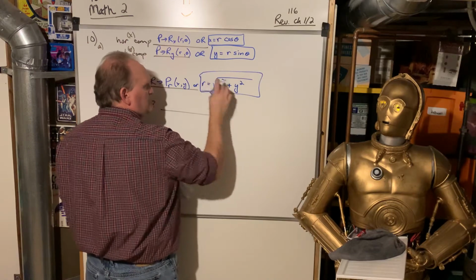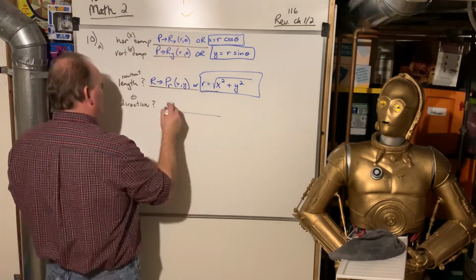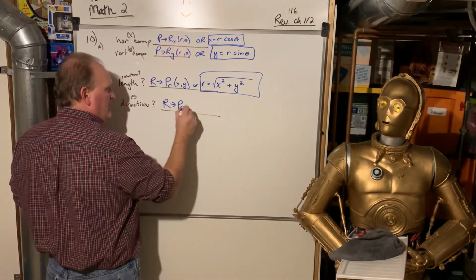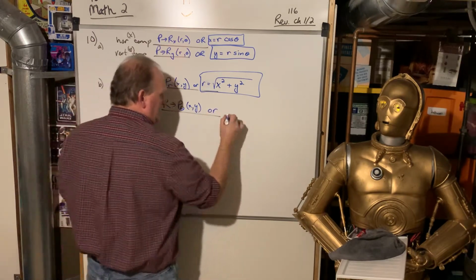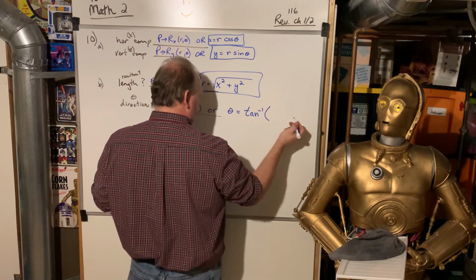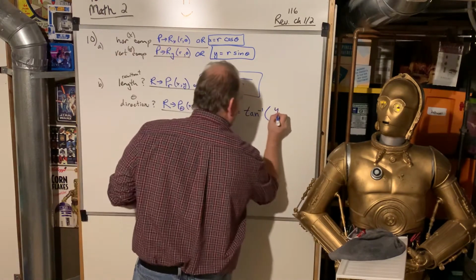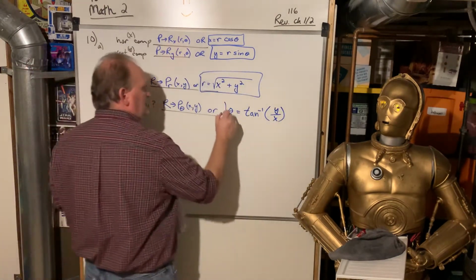So Pythagorean theorem. All right, and then you can also, for direction, it's just rectangular to polar theta, and you type in your x and y, or you do the arctangent of, that's going to be y over x. Also fine. So these are fine.